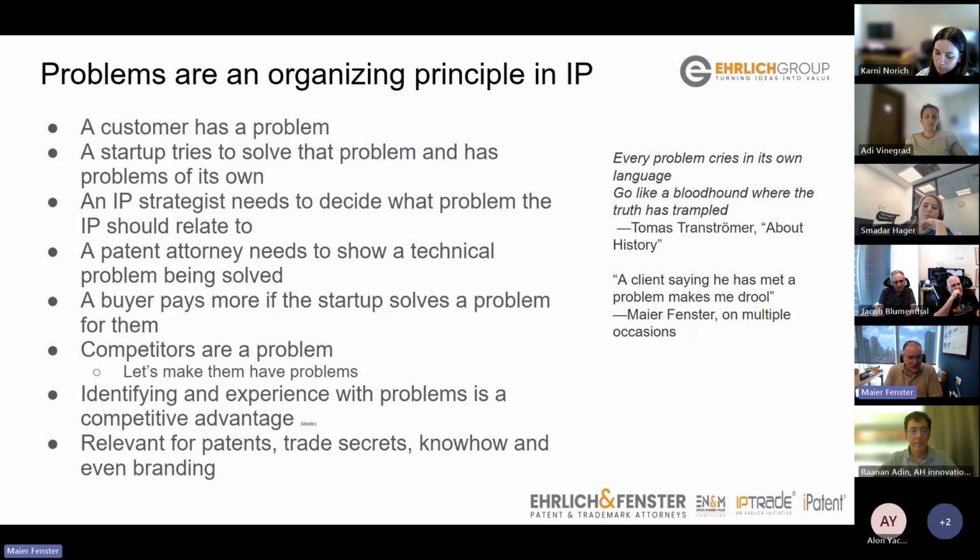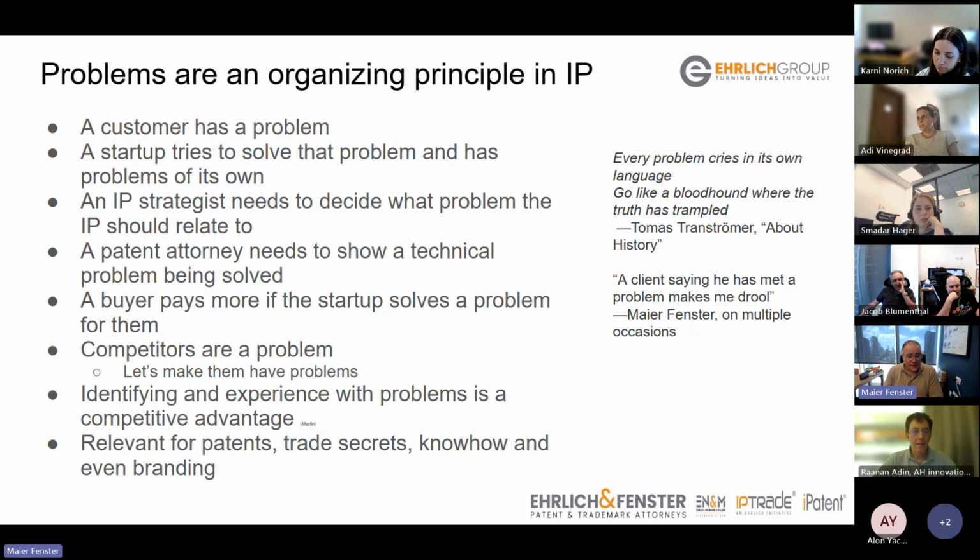A patent attorney needs to talk about technical problems. Somebody who's buying the startup will pay more if the startup solves their particular problem than if they solve a generic problem. Competitors are a problem. We want to make problems for the competitors.